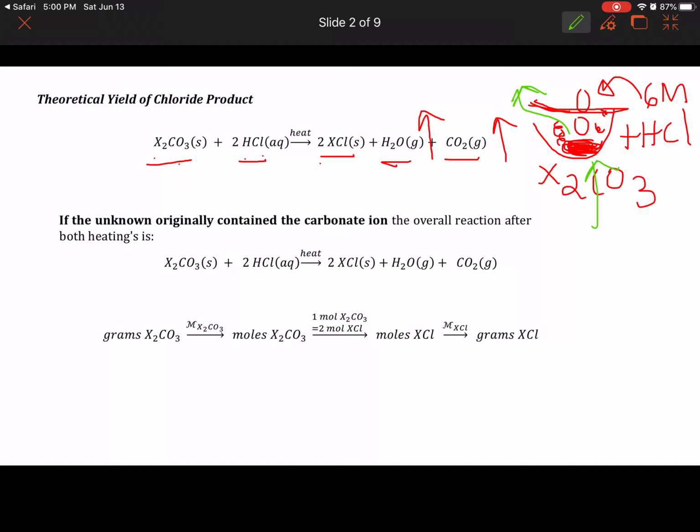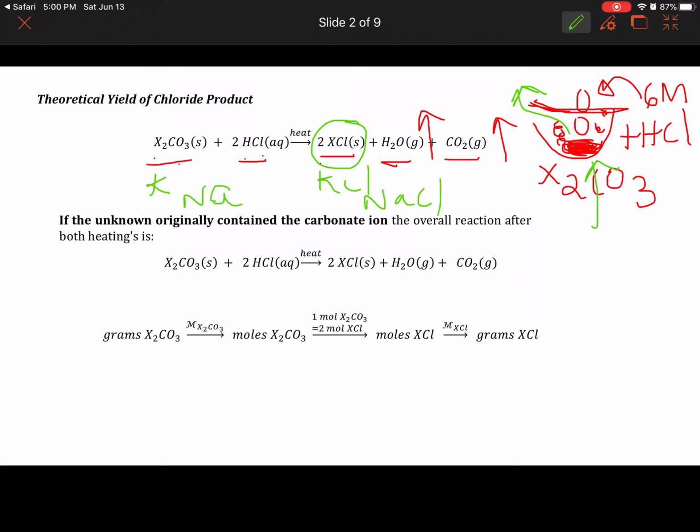So the white solid that you're going to form is the metal chloride. If you started with potassium, it would be potassium chloride. If you started with sodium, it would be sodium chloride. Your X represents either potassium or sodium.